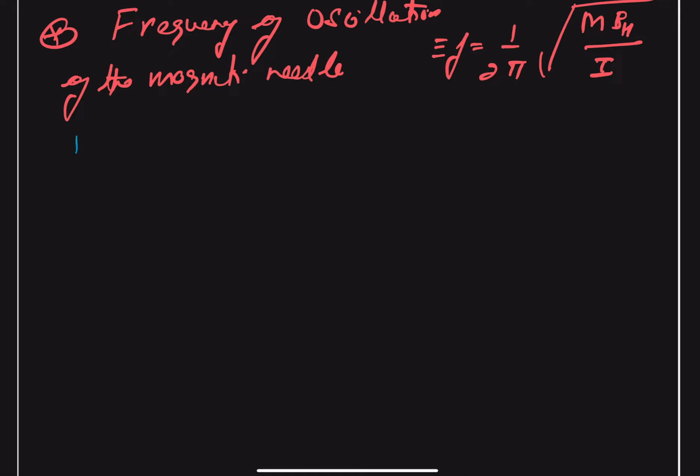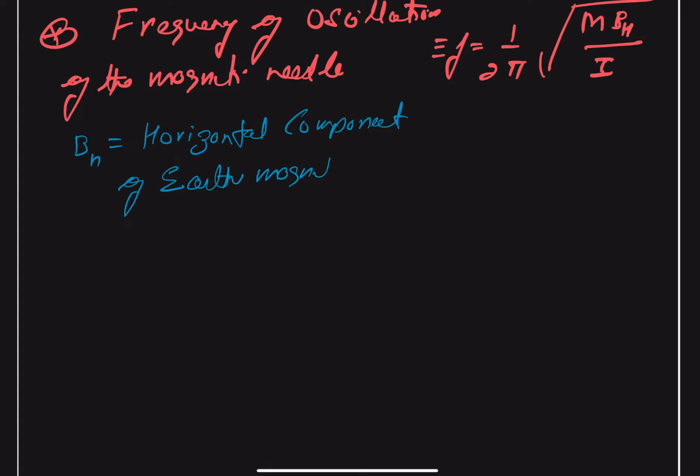So we can write BH is the horizontal component of Earth's magnetic field, and this I is our moment of inertia.